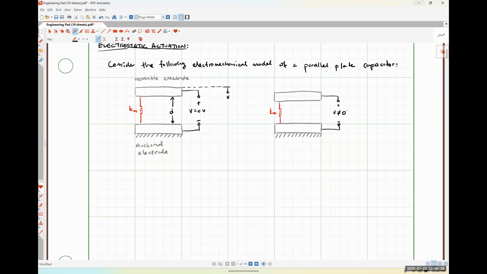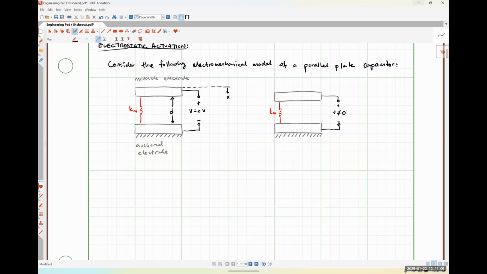non-zero voltage. Now, before I move further from this, I just want to mention that it really shouldn't matter whether or not our voltage is a positive voltage or a negative voltage, right? So if we put a positive voltage, that means that we're going to be accumulating positive charge on the top plate, negative charge on the bottom plate. If we were to put a negative voltage, we would be accumulating positive charge on the bottom plate, negative charge on the top plate.